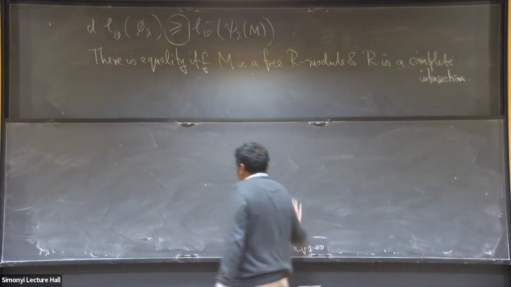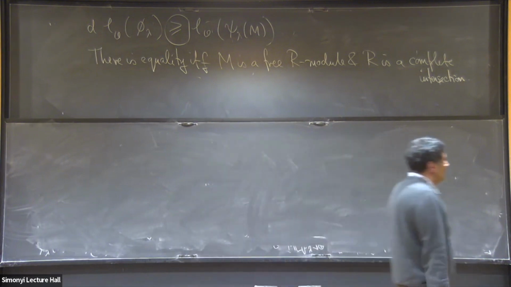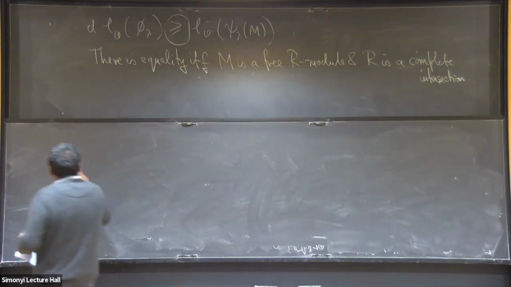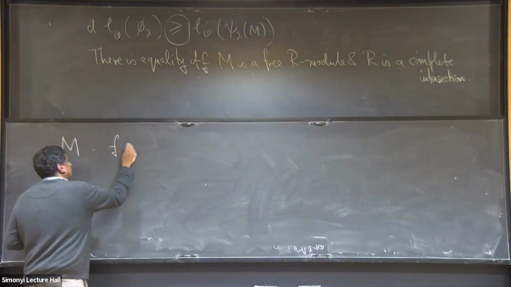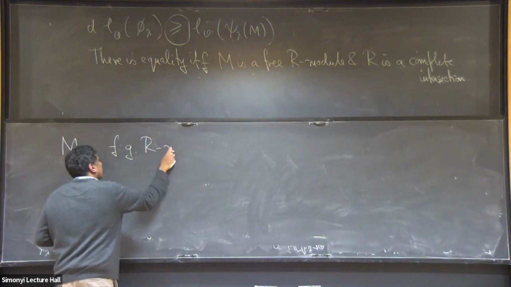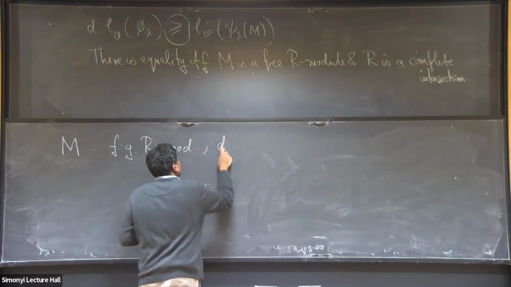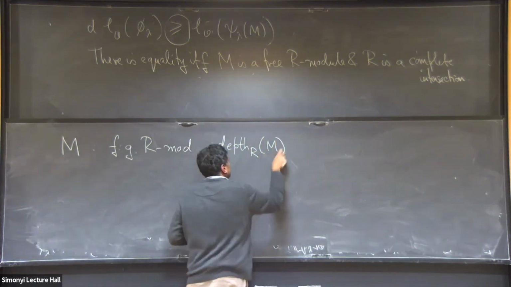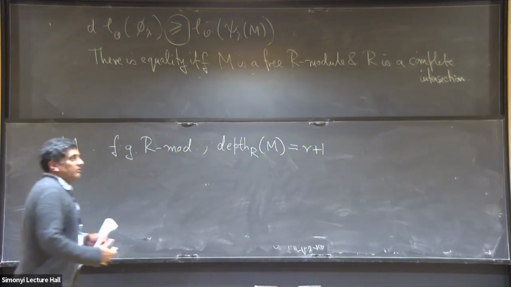So this is my category of rings with augmentation, smooth at that augmentation, with localization of dimension r, and the modules I consider are finitely generated R-modules of depth at least r plus 1.